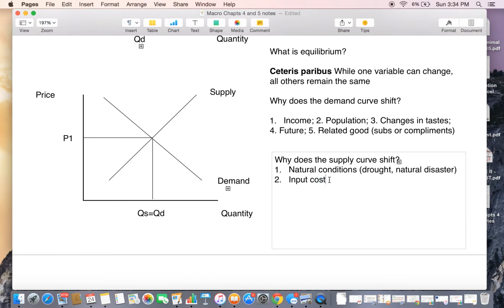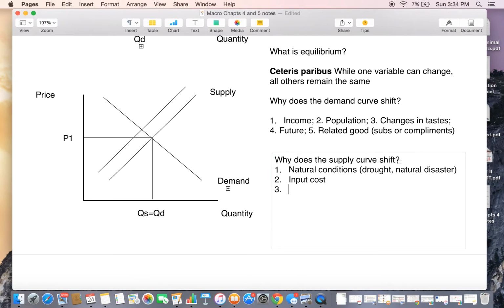For example, if we are making cookies and we're a bakery, if the price of flour and sugar and butter fall, or one of them falls significantly, that would cause us to increase our supply, because ceteris paribus, our input costs are going to be relatively lower, and therefore our profits would be higher. So this could cause a shift to the right. If the price of flour rose substantially, and that's a significant input in our production process, it would cause the supply curve to shift inward and to the left.